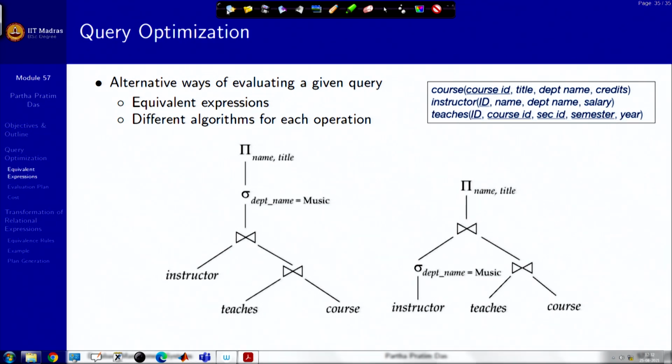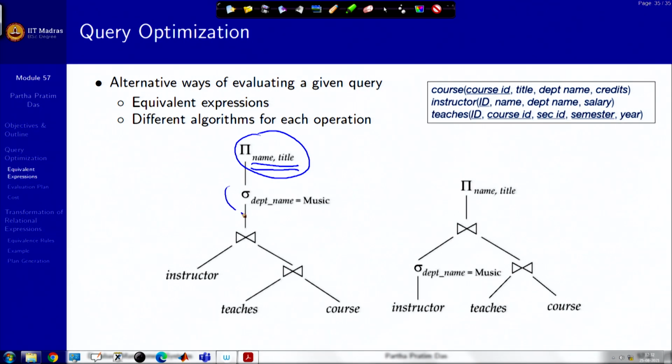But then we can see that in the final result, the name of the instructor that will come necessarily has to belong to the music department. So, there is no point treating all other instructors who are not from the music department in this whole process.